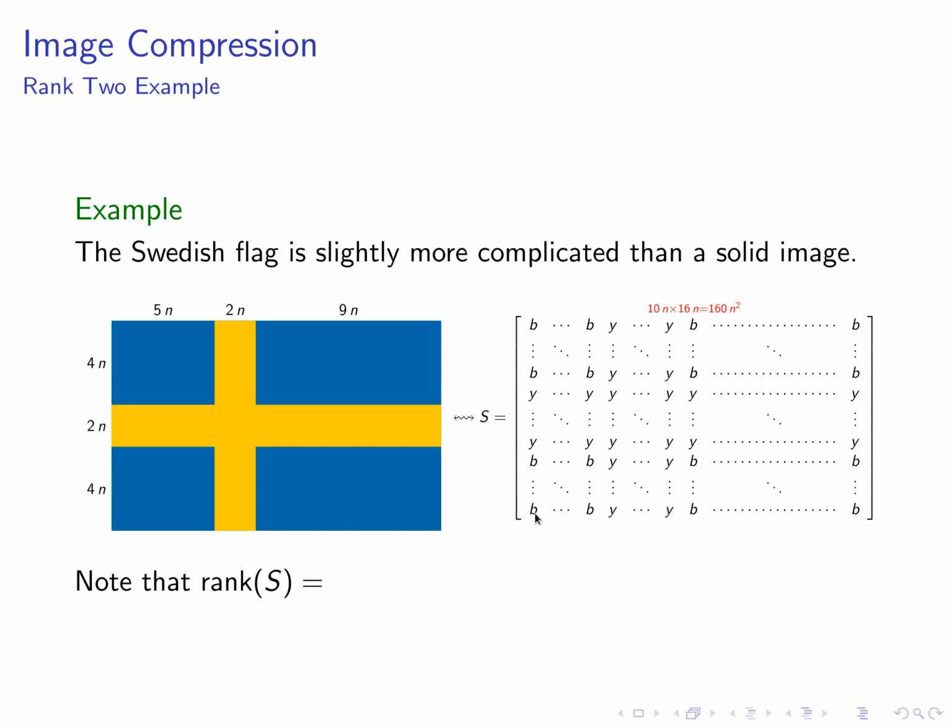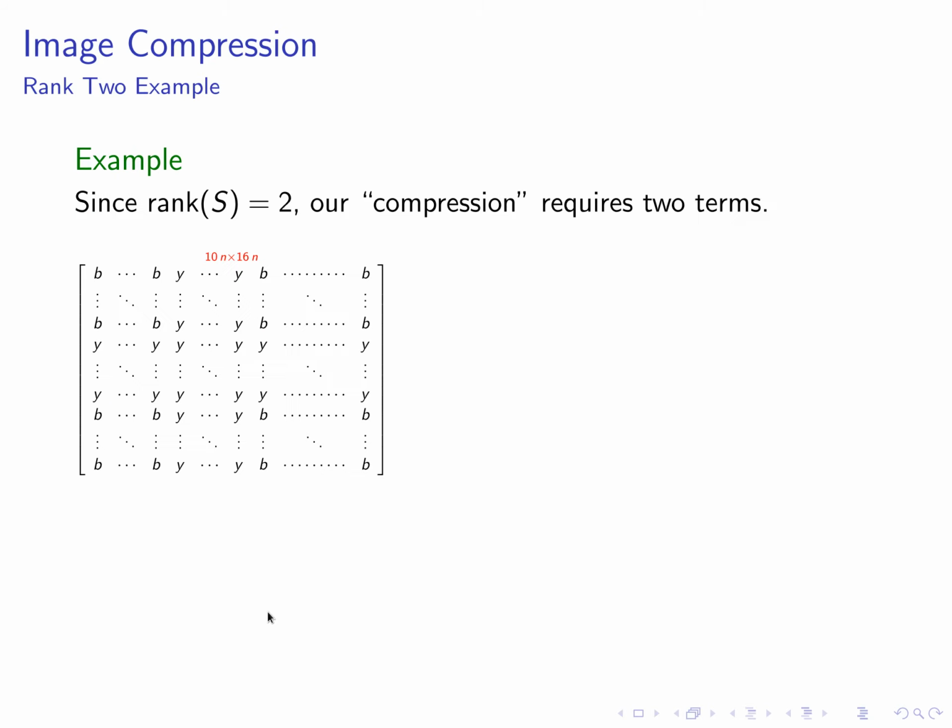And then the same goes at the bottom here. And in the middle, we just have rows of yellows. So we have one type of row on the top and the bottom, and another type of row in the middle, which suggests that the rank of our matrix representing the Swedish flag should be equal to 2. So the Swedish flag can be thought of as a rank 2 matrix.